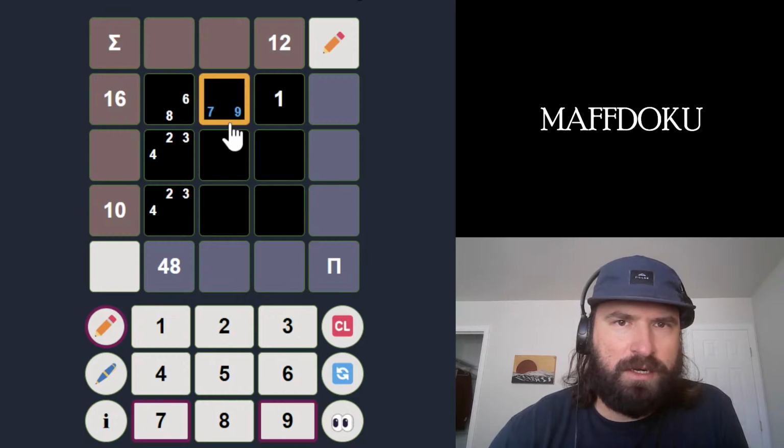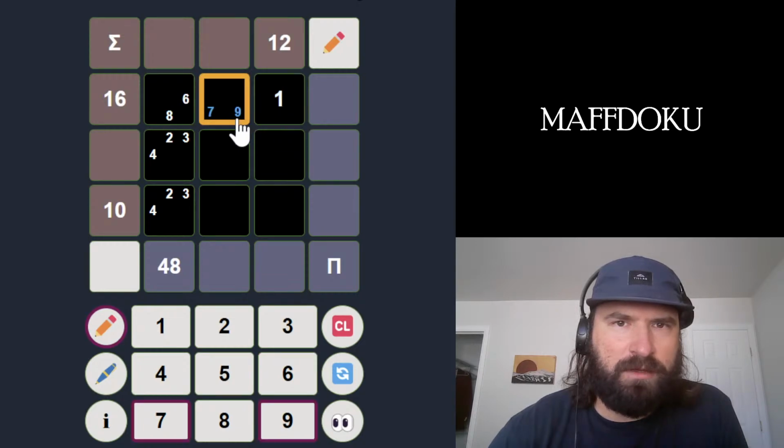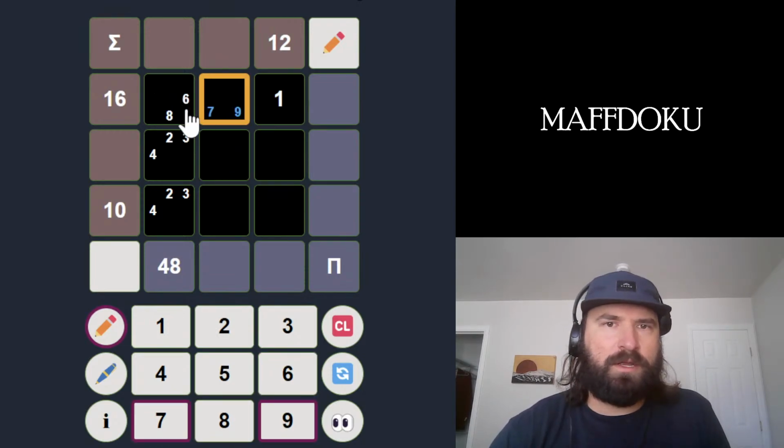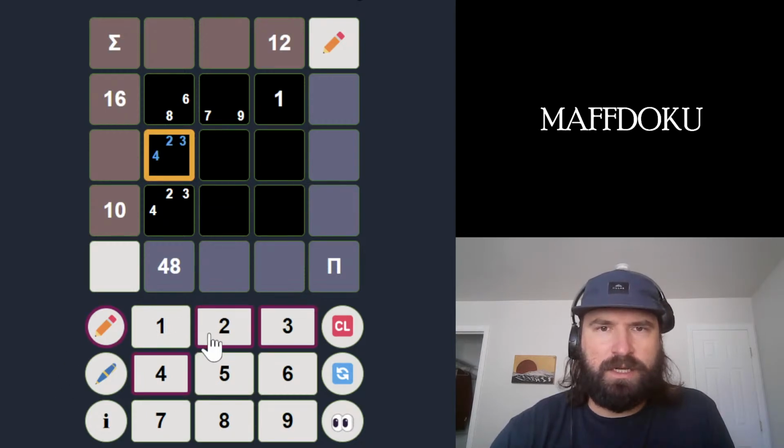I either need a 9 or an 8 up here, I would think. If I use an 8 here, plus 1 is 9, I need a 7. If I use a 6 here, I need a 9. So either iteration uses either an 8 or a 9. So this has to be a 4 because I just tried to use a 2 or a 3 and it doesn't work for this box. Kind of complicated logic there though.